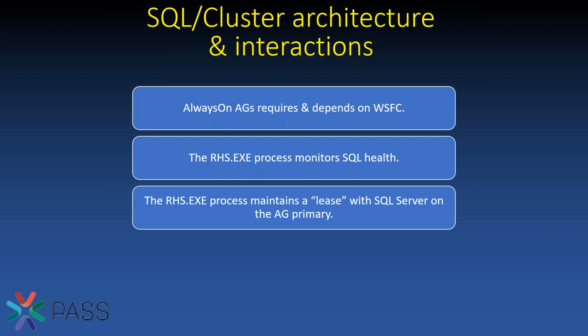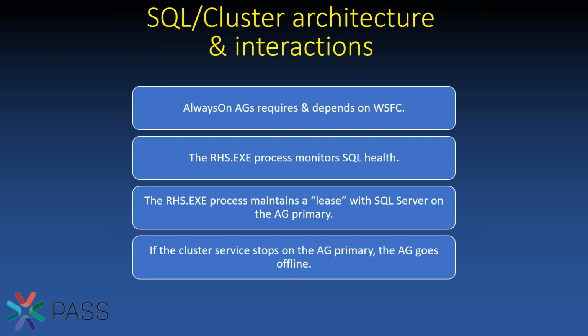If anybody's ever heard that term before dealing with a cluster, split brain is basically when we've got two different nodes, each thinking they're the primary. We want to prevent that at all costs, because then we can have data loss. So in an extra effort to make sure that we don't ever get into split brain situations, we have a lease mechanism as well that goes on between the OS cluster and the primary of the availability group.